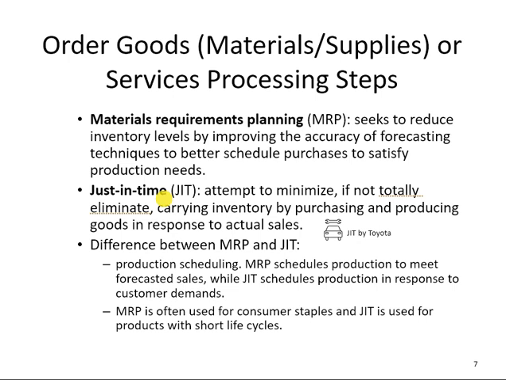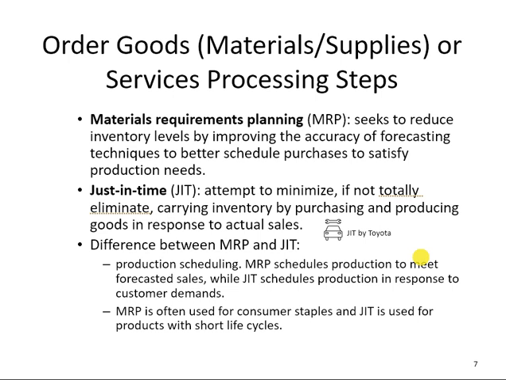But this approach also requires frequent deliveries. So everything has to be maintained in a timely manner. You can watch these videos to see how Toyota started JIT and what happened then, the consequences of JIT.